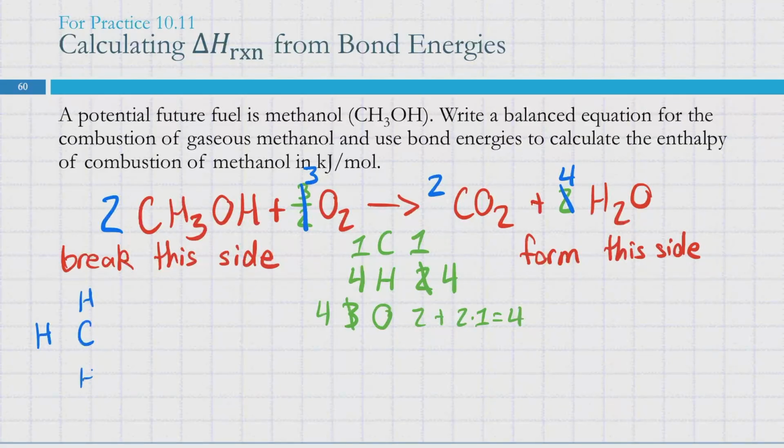Our Lewis structures, the exact details don't really matter. We just kind of want the shapes so that we can see what the bonds are. We do need to know if there's double bonds or triple bonds anywhere. So in that way, it's important.